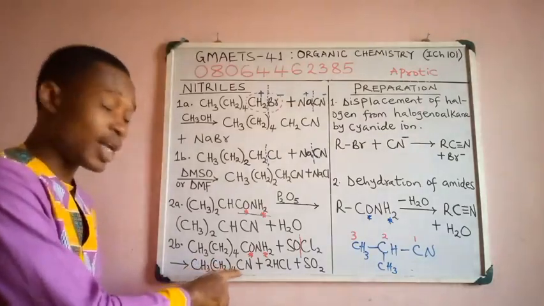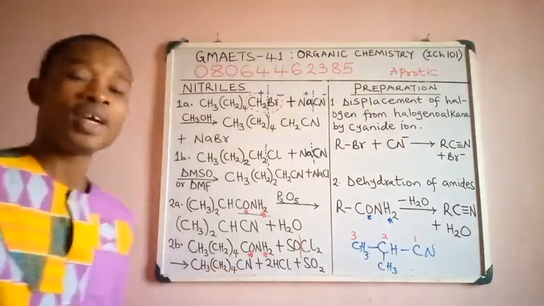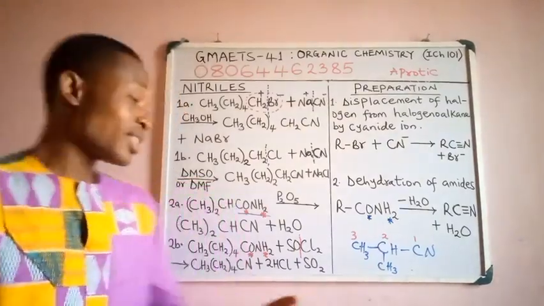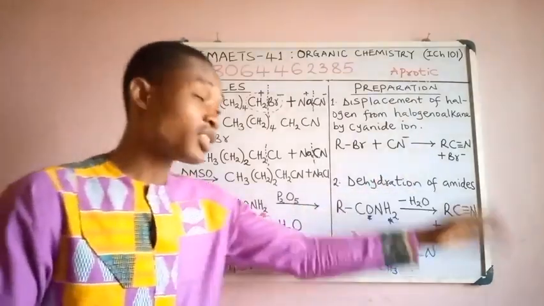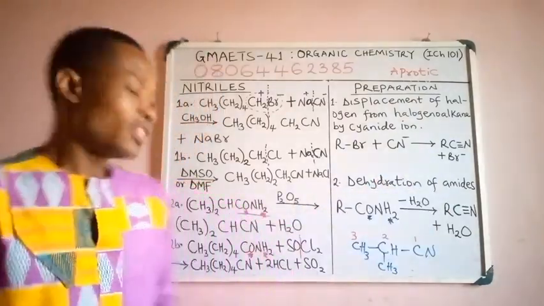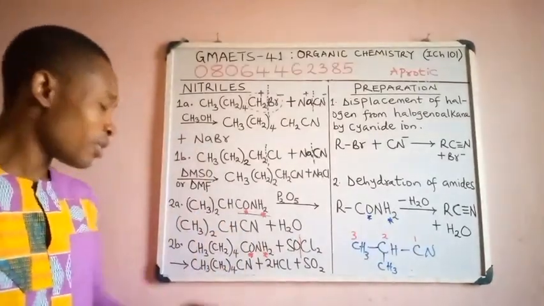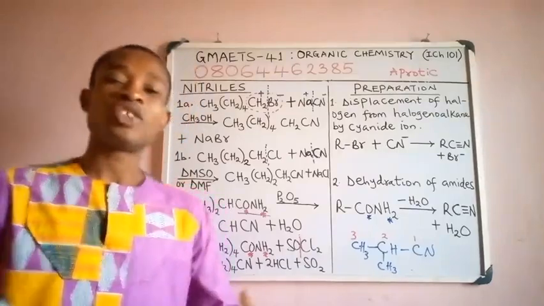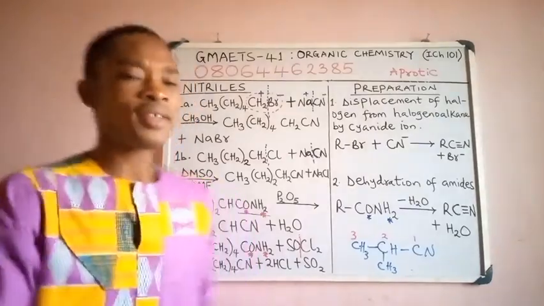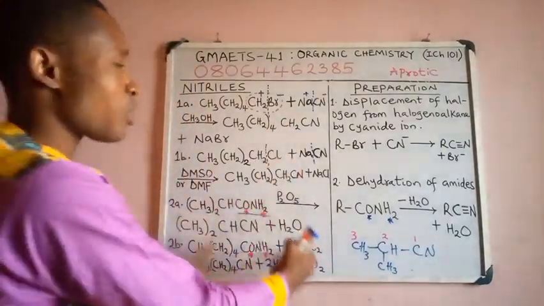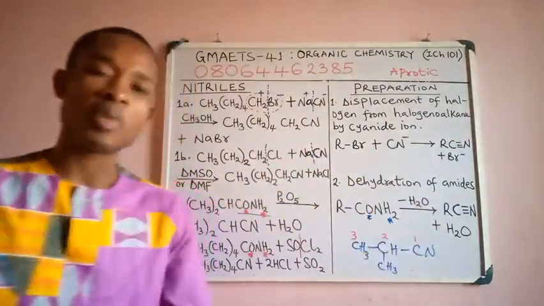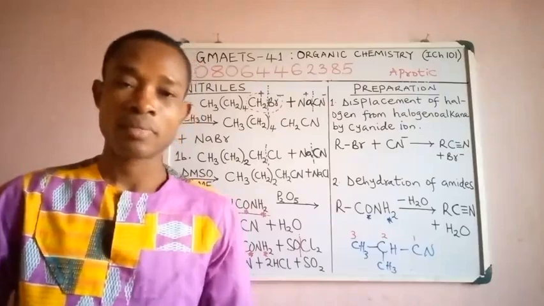Added to this 1 carbon, that is 6. Therefore, this is hexanenitrile. You notice that in this second method, that is dehydration of amide, the same number of carbon atoms you use from the amide group is the same number of carbon atoms you would have in the nitrile that is being formed. And this is simply the chemical explanation of the methods of preparing nitriles.